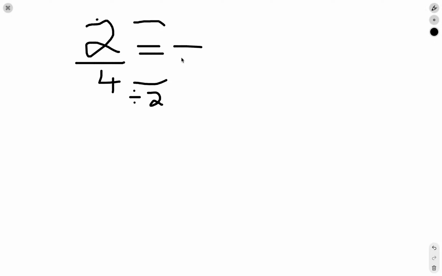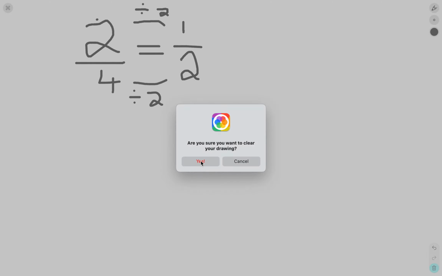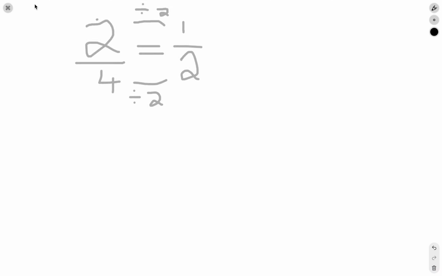And I have to do the same with both of them, because whatever you do on the top, you do on the bottom as well. You have to do the same thing. And here is the simplified version of 2/4. So I hope that gives you a better understanding. So I will just do 1 and 2 with you guys.